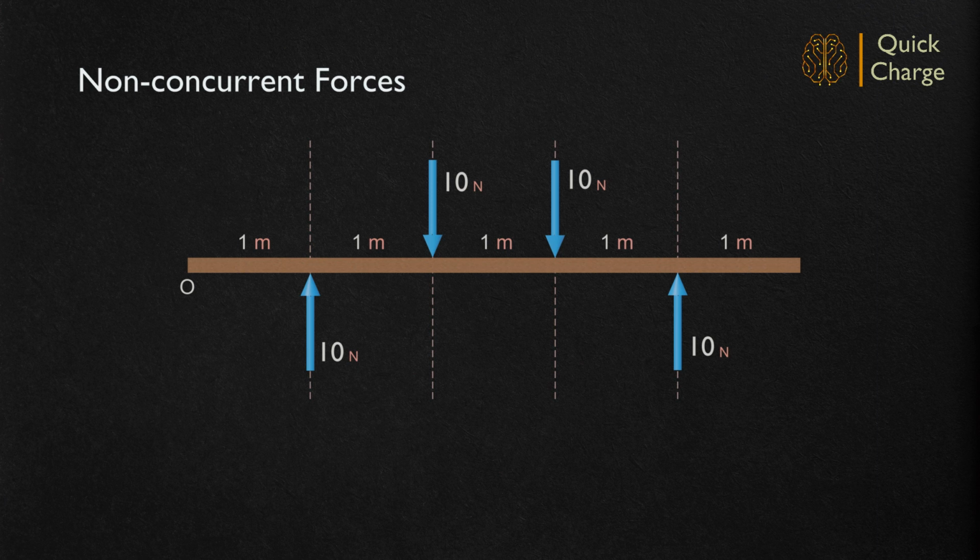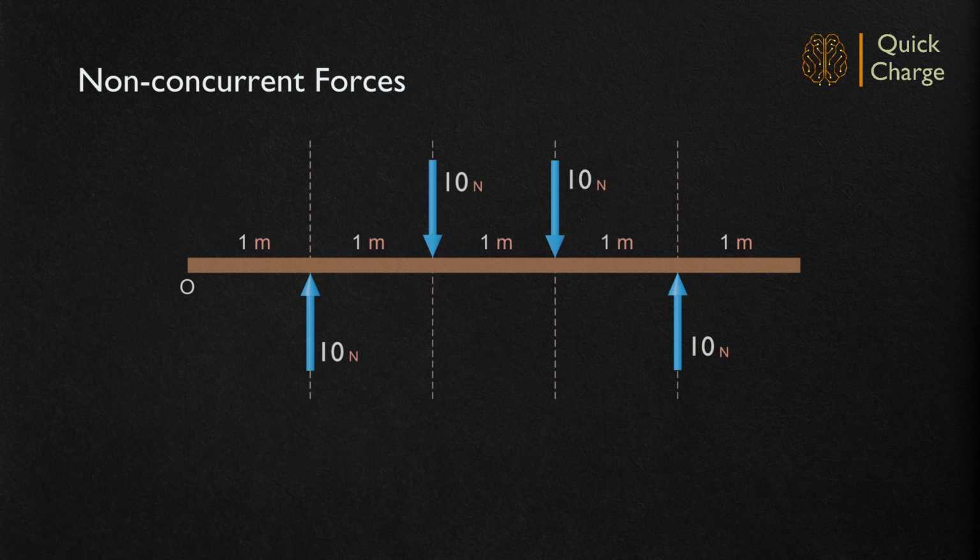The net moment with respect to moment center O will be sigma M is equal to minus 10 times 1 plus 10 times 2 plus 10 times 3 minus 10 times 4, which is equal to 0. For this system of forces, the net moment is also 0 and will not experience any rotational effect.